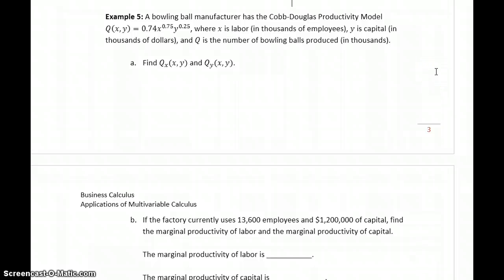In another example, we have a bowling ball manufacturer with a Cobb-Douglas productivity model. X is labor, Y is capital, both in thousands, and Q is the number of bowling balls produced in thousands.